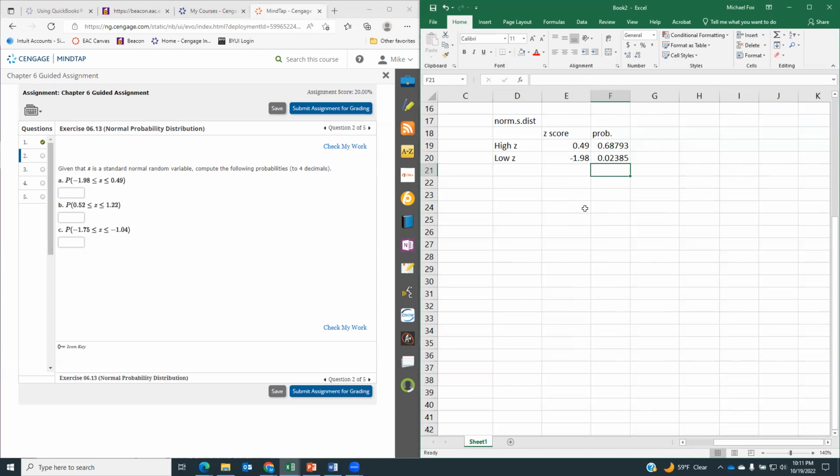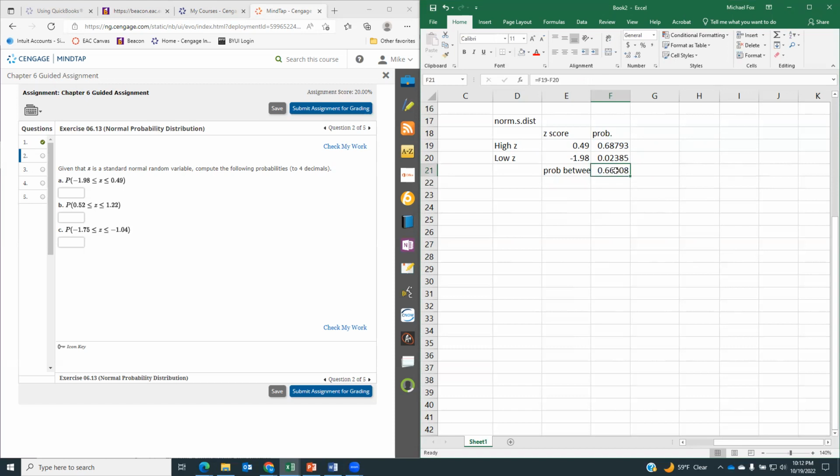So here's the cool thing. If I measure what's the probability of getting less than 0.49 and the probability of getting less than negative 1.98, if I subtract the two, that gives us the probability that it's between them. So if I say probability of the high minus the probability of the low, gives me the probability that it's between.